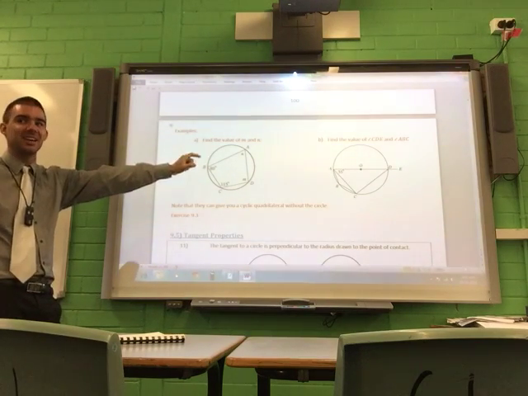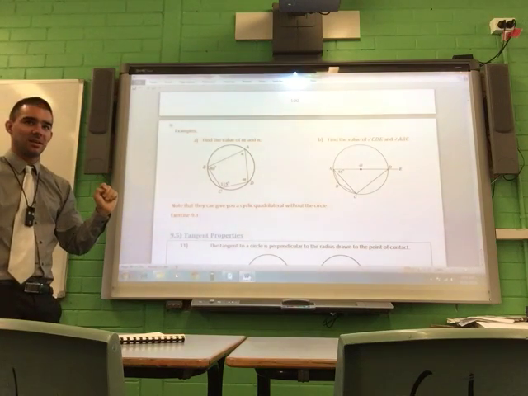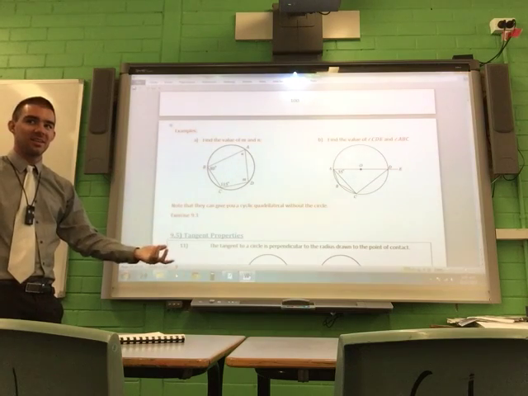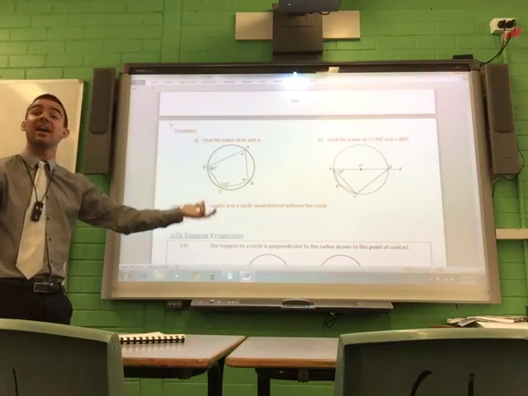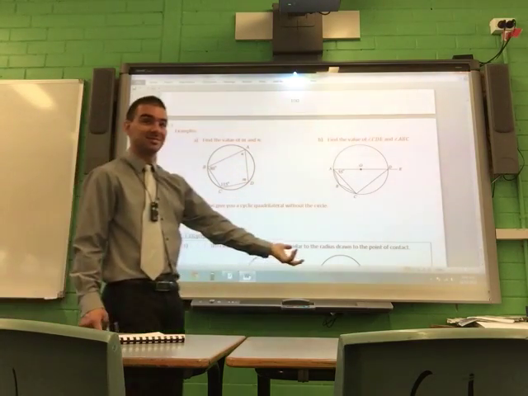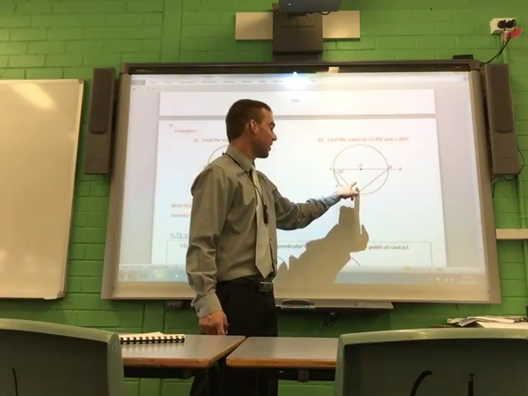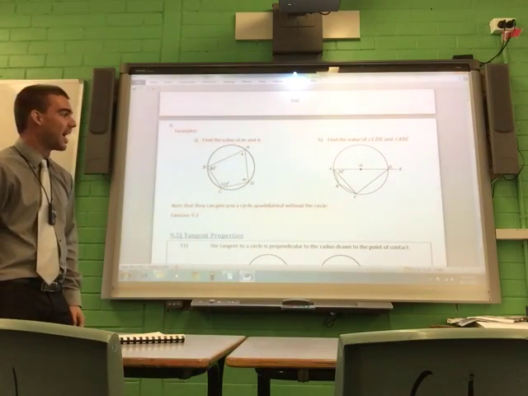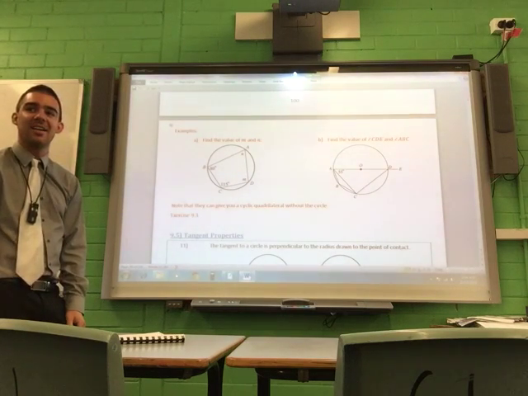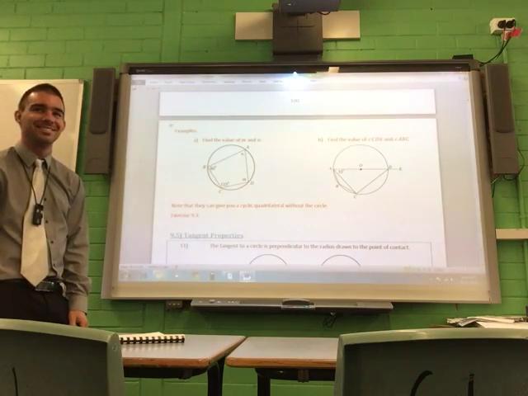What part of the circle is AD? It's a chord that goes through the centre, so it is a diameter. So from that, what is the angle at ACD?